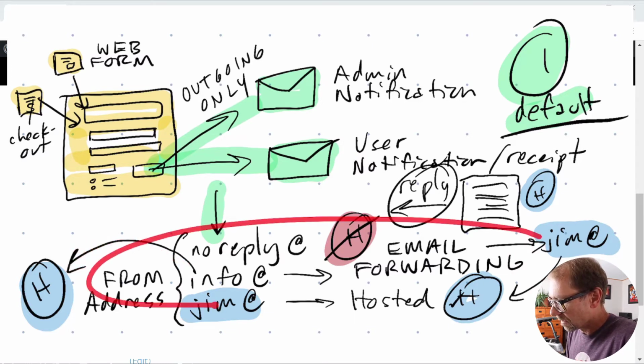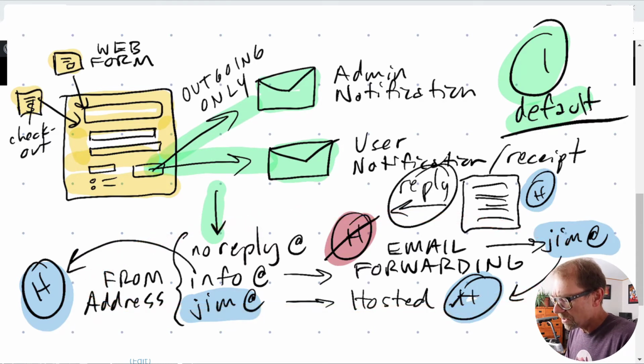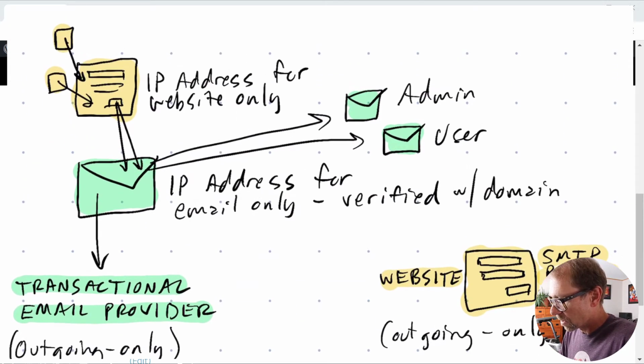And so those are a variety of ways that you can set up the from address when you're sending transactional email to your users. Now, without the intermediary here, which is what we're really going to talk about, setting up transactional email in a way that is the best practice for WordPress sites and for websites in general, we use a program called SMTP, or outgoing email.